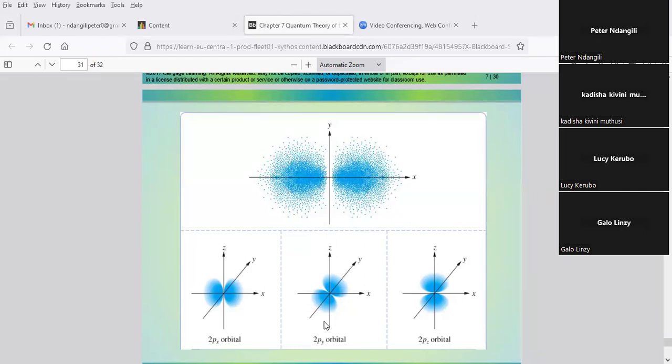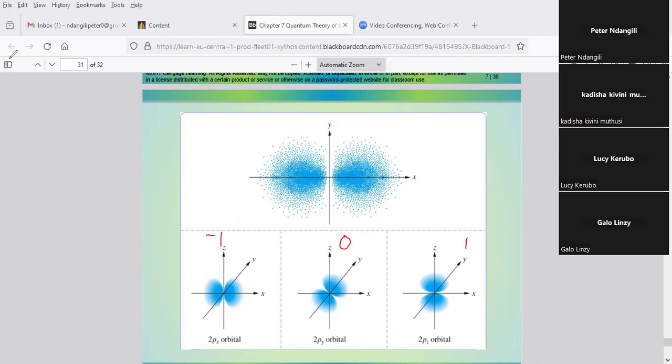A PY orbital is lying on the Y-axis, and a PZ orbital is lying on the Z-axis. Remember, for P, we are talking about -1, 0, and 1, because these are the possible ML values. So this is where we are getting the 3 orbitals from, the PX, PY, and the PZ. So this one is actually showing you the directions of each of these particular orbitals.